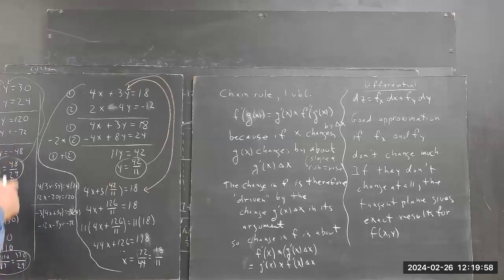I got a minus 48, it should have been a plus 48, so this should have been a minus 48. So this should have been a minus. This should have been a plus. This should have been a plus. This should have been a plus. So we would have ended up with 87x equals 630.